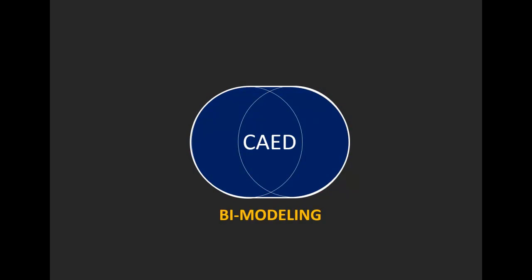MIDAS nGen solves both geometric and analytical models in one single program, and we refer to this modeling concept as bi-modeling, where an analysis model is created automatically by modeling 3D shapes. It is also called a CAED platform because it integrates CAD and CAE.